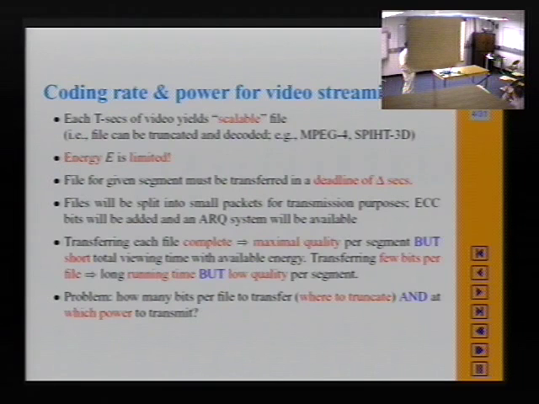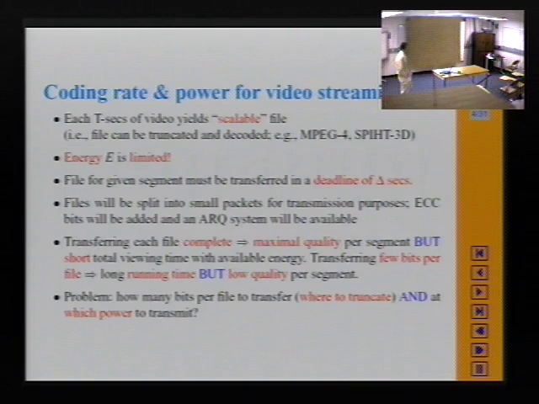You can imagine why this is video. Presumably somebody is viewing, so you don't want to stop and wait for data, which would be very annoying for the viewer. So you want it to be a continuous production system.